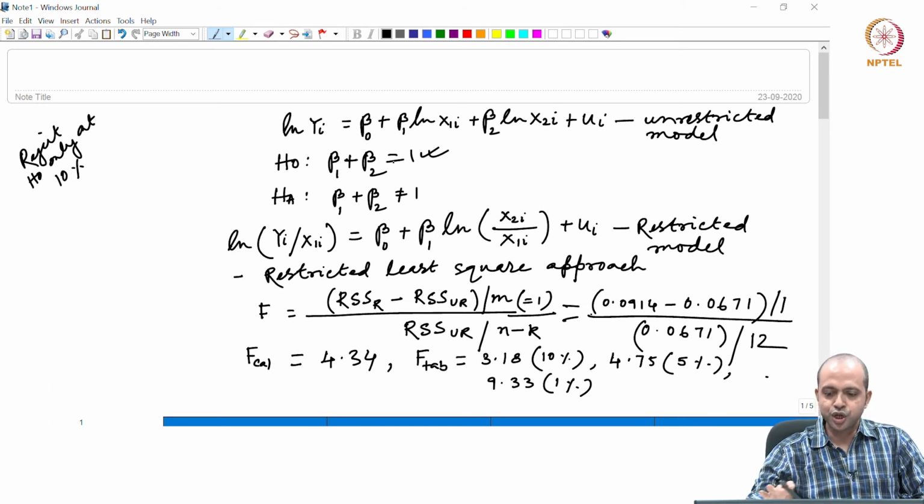That is how you have to construct the F statistic and conduct the test manually. But in Stata, there is one inbuilt option. You do not have to calculate all these things.